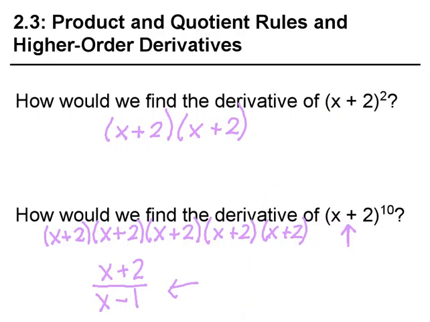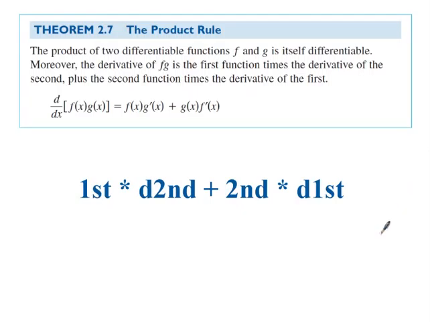So we're going to start first with the product rule. We didn't look at an example for the product rule, but basically you don't need to write down all these paragraphs. What you could do is write down this, and I have in blue right there the shortcut way that I like to think about it. It says the product of two differentiable functions, f and g, is itself differentiable.